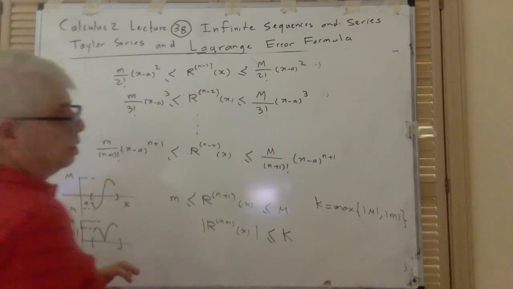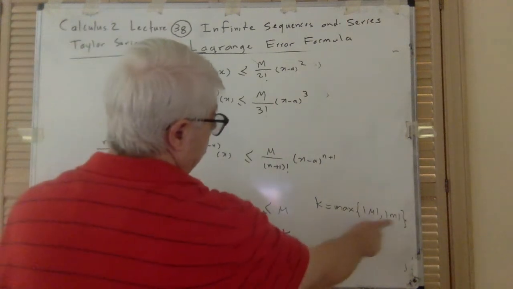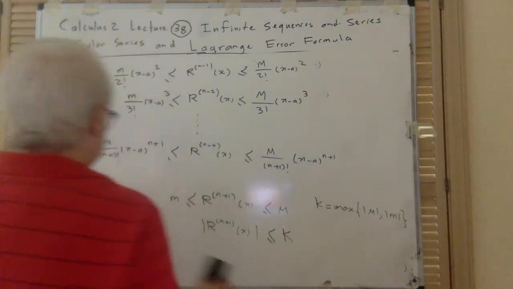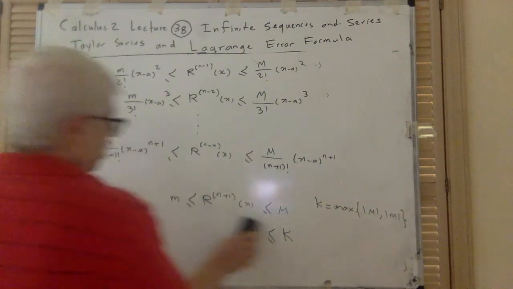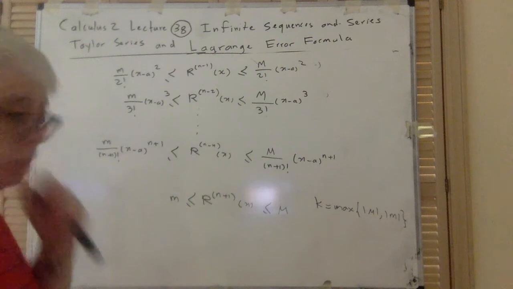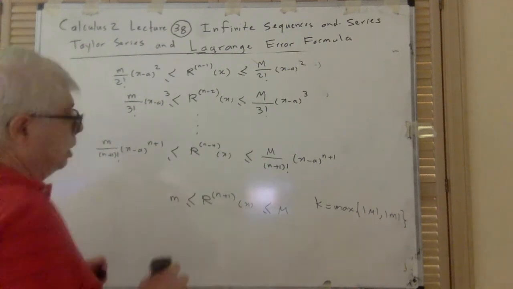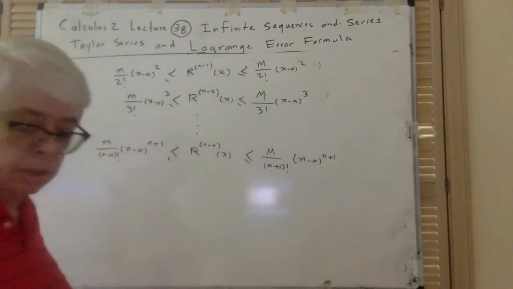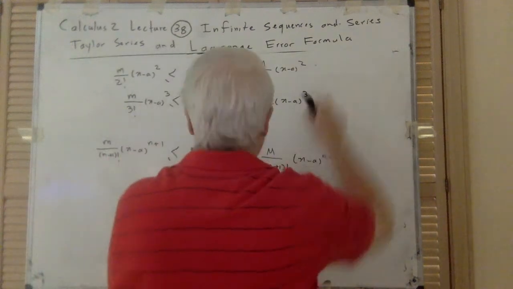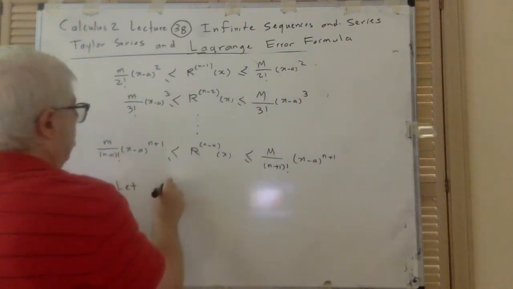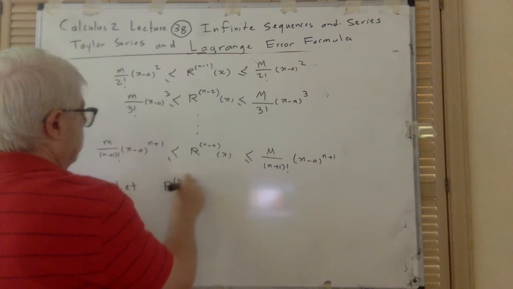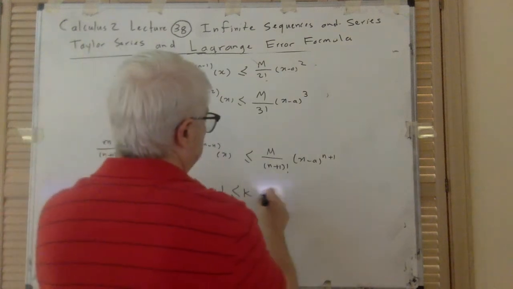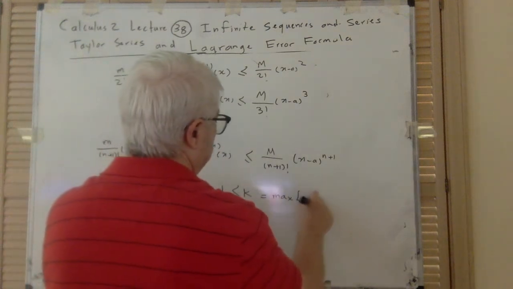What that something is, in fact, is either the absolute value of this or the absolute value of that, so that's the maximum of the two. So, by looking at this and assuming from the beginning, let the absolute value of r n plus 1 x be less than K, which is the maximum value of either this m or this M.